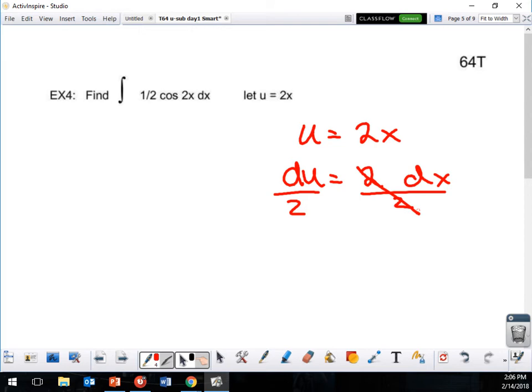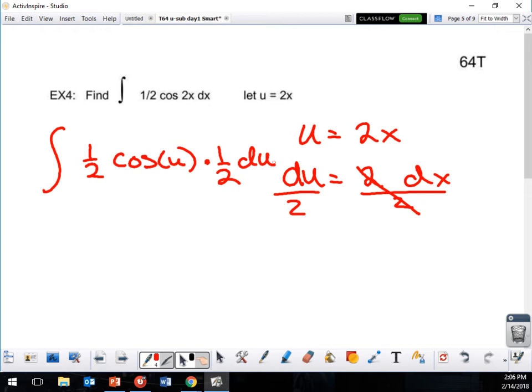So if I'm doing this, it's going to be the integration of 1/2, cosine of u, times du. Did I lose anyone there?